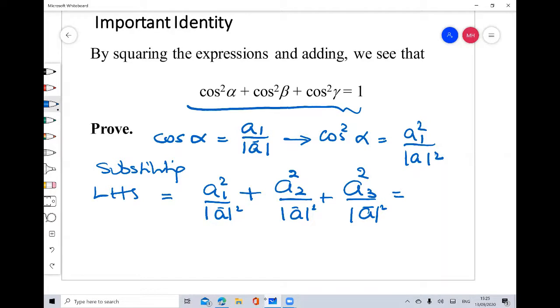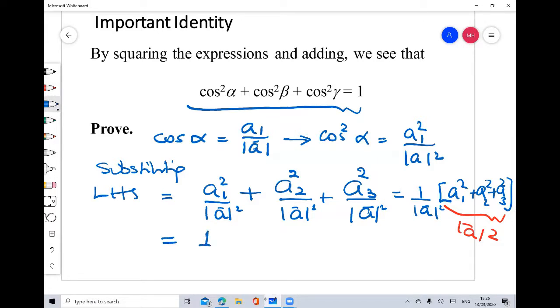Simplifying, taking one over the magnitude a squared as common, I'll end up with a1 squared plus a2 squared plus a3 squared, which is definitely the magnitude of vector a squared without the square root. So I'll end up with cancellation, and I have my 1. Yes, this is a unit vector of my direction, and I call it the direction cosines.